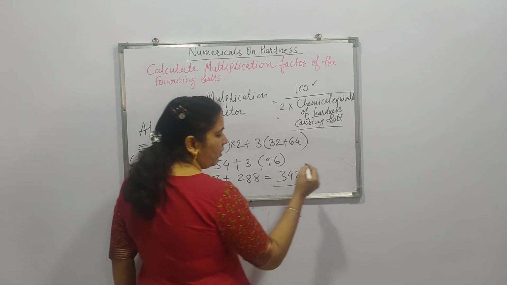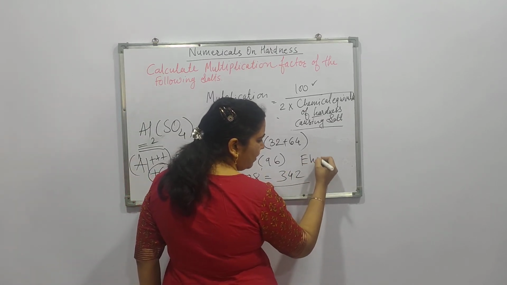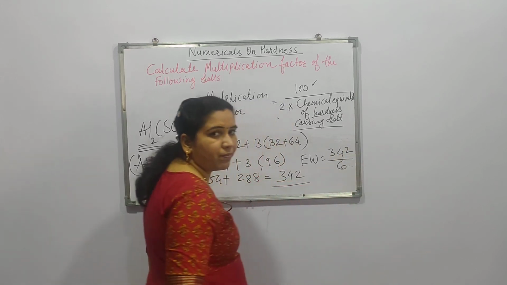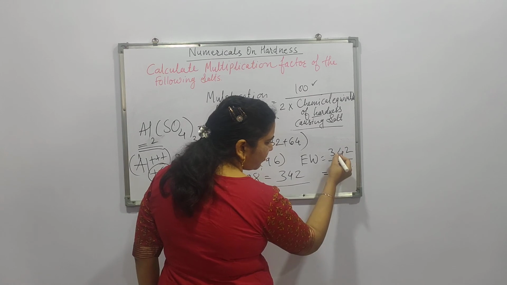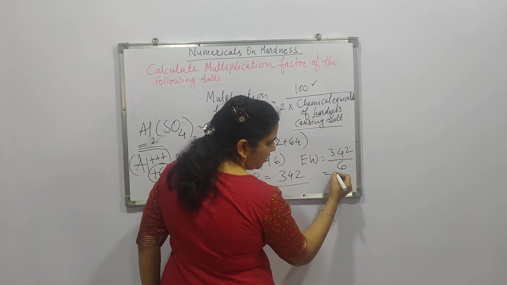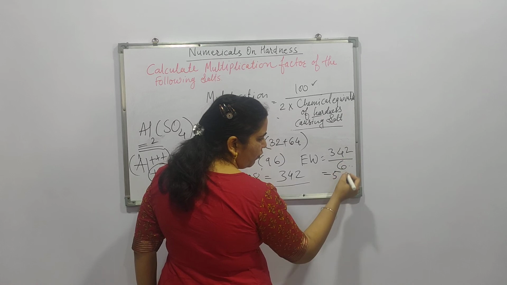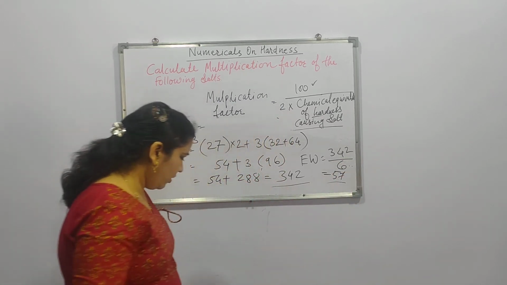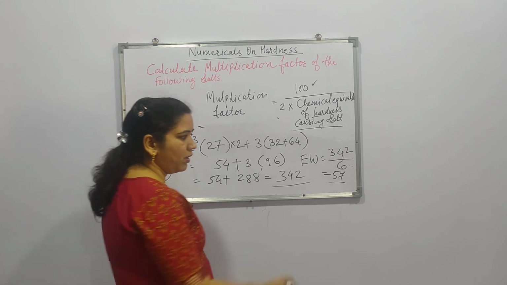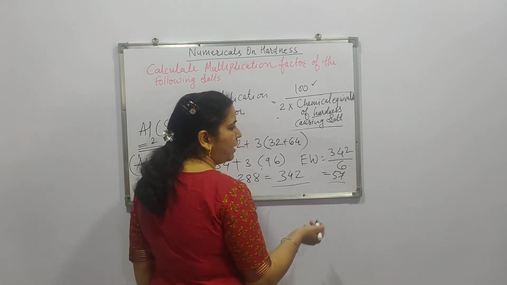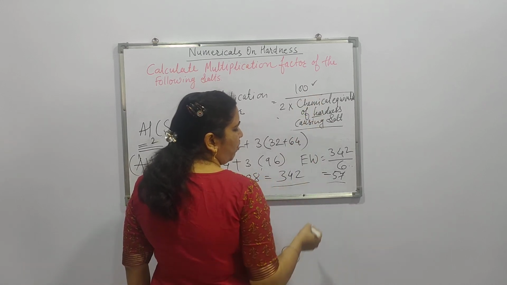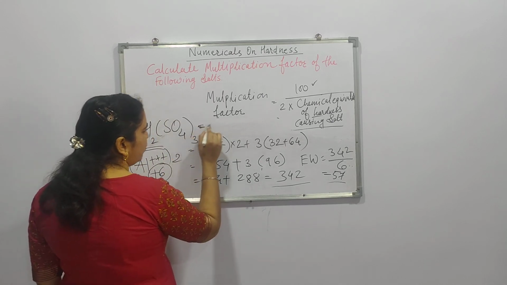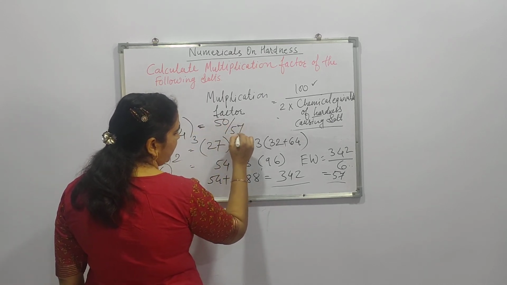So the equivalent weight of Al2(SO4)3 is 342 divided by 6, which is 57. So 57 is the equivalent weight. The multiplication factor of Al2(SO4)3 is 50 upon 57.